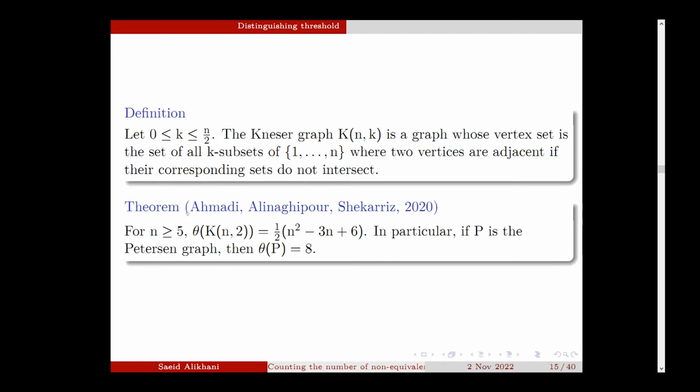And you see here a result about the distinguishing threshold of K(n,2). In particular, if we substitute n by 5, then we have the distinguishing threshold for the Petersen graph equal to 4.